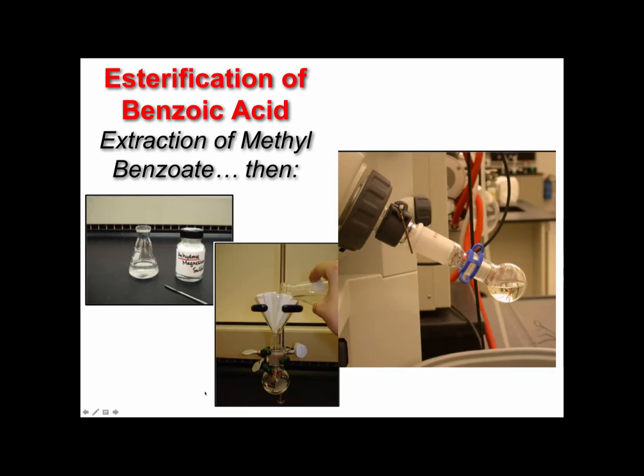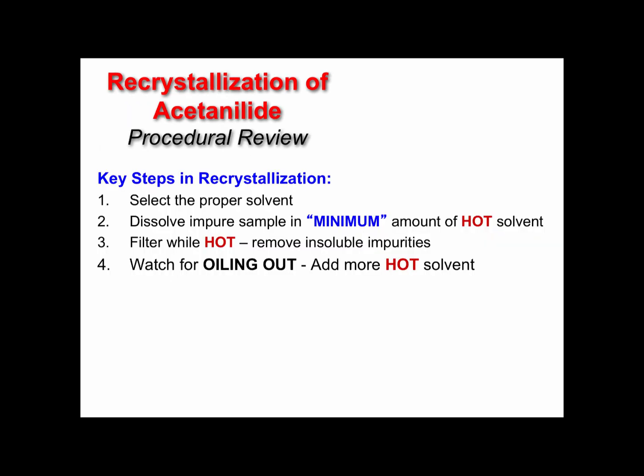We're not going to go through the details of these, and you're going to dry with magnesium sulfate. This is one last opportunity to make sure you understand how much magnesium sulfate to add to dry a solution. This continues to be important. Then you'll filter off the spent magnesium sulfate. You'll rotovap off the dichloromethane, and then you're ready to go.